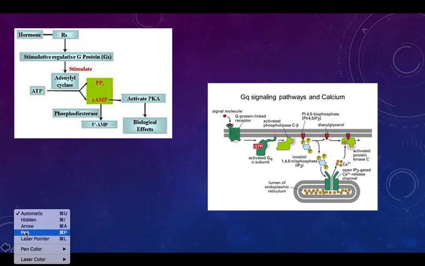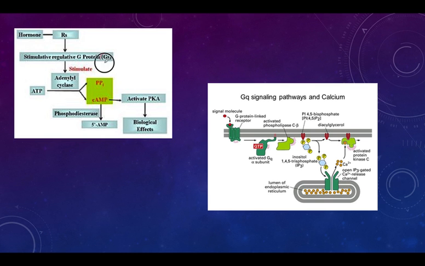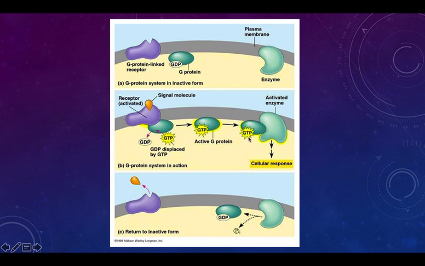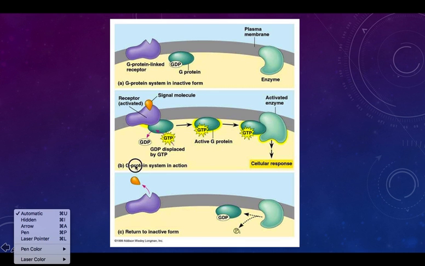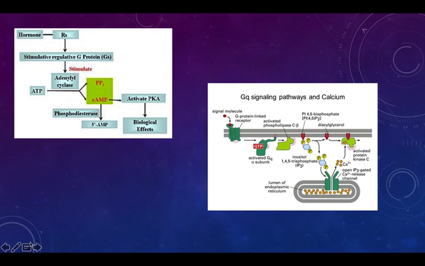Okay, let's talk about G stimulatory first. When the receptor is bound by its ligand, this process takes place, and we get an activated enzyme. And in this case, the activated enzyme is adenylyl cyclase.